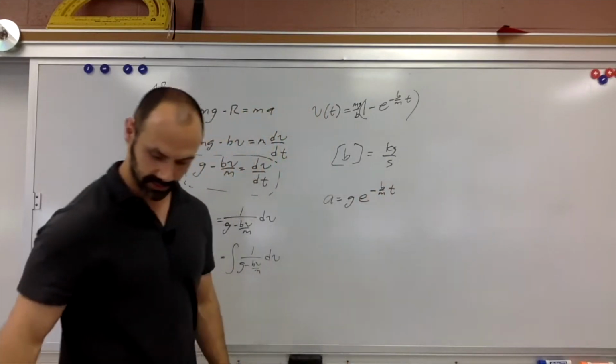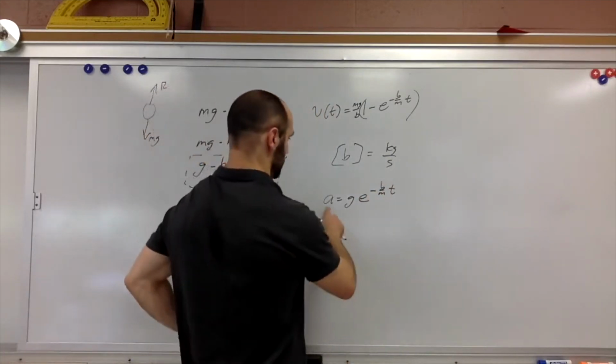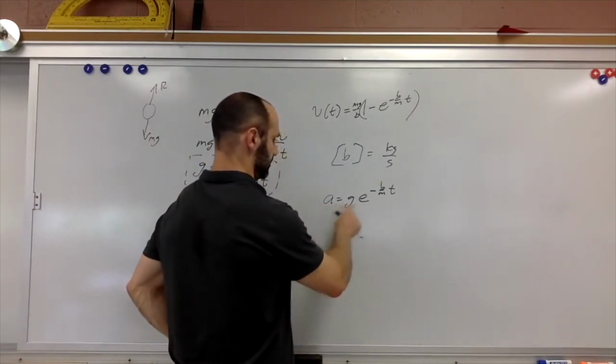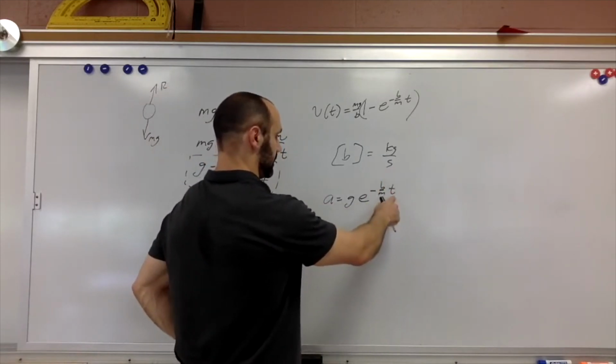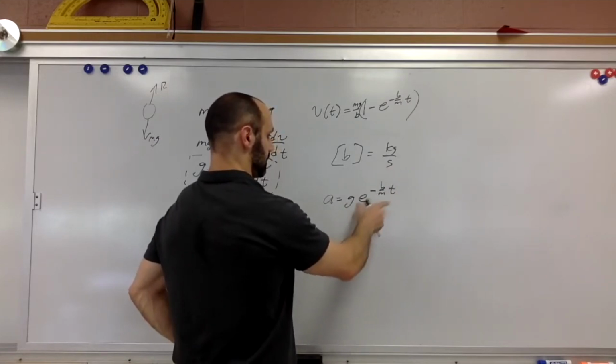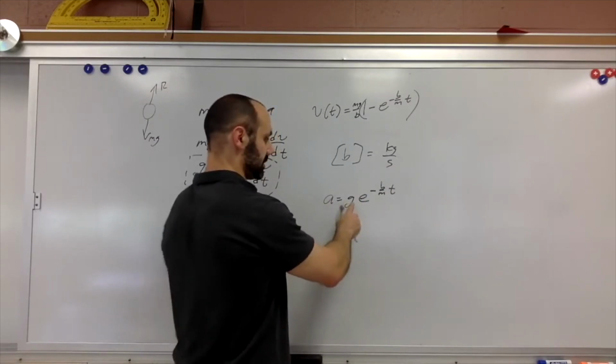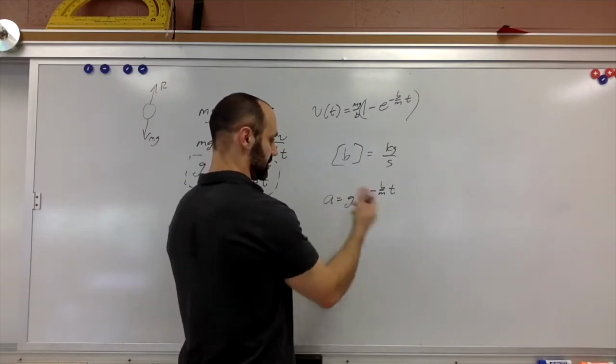So what does this mean? This means that at the initial time, time 0, this whole exponential is equal to just 1. So at the initial time, the acceleration is equal to g.